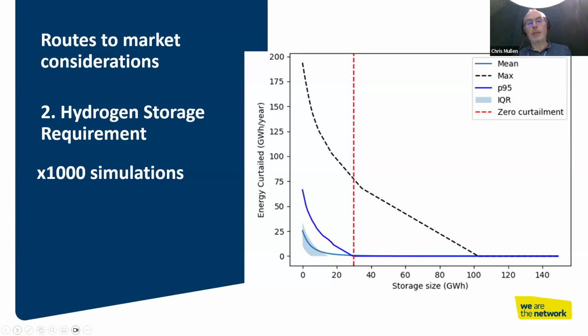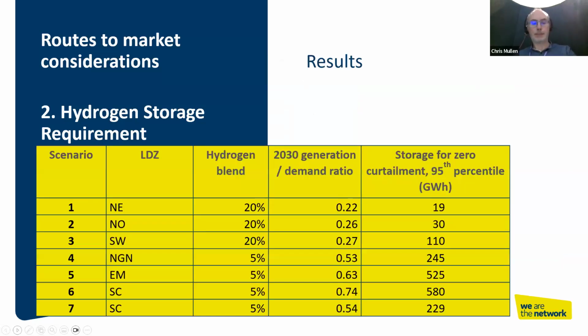And then what we've done is we've taken this 95th percentile line and found the point where zero curtailment occurs, and we've indicated that with this red dotted line to give a storage size for that particular scenario. So this result is one of 7 different scenarios. Next slide, please, Michelle.